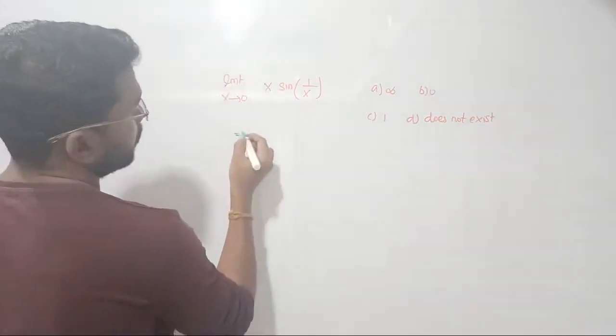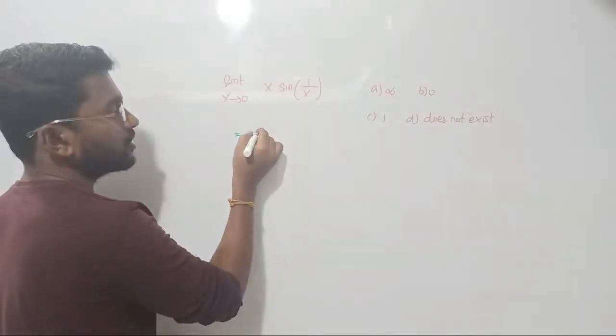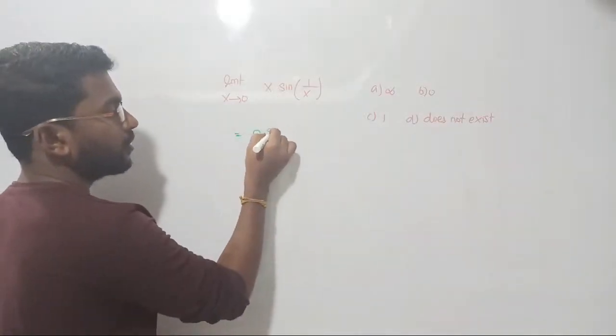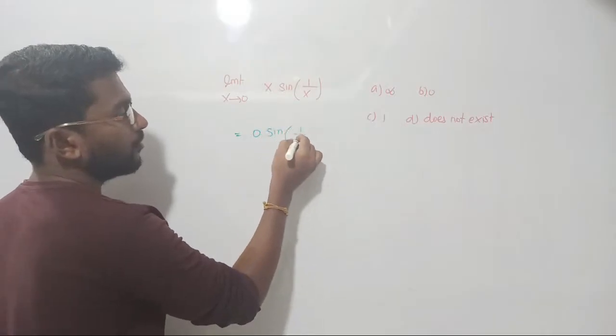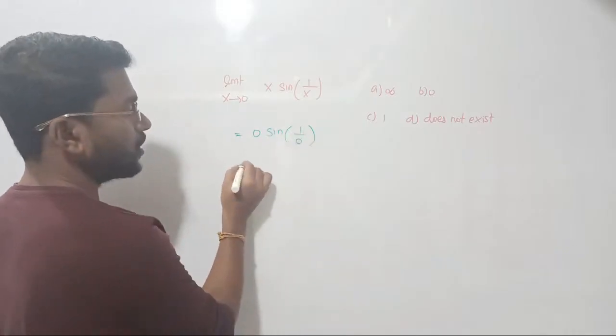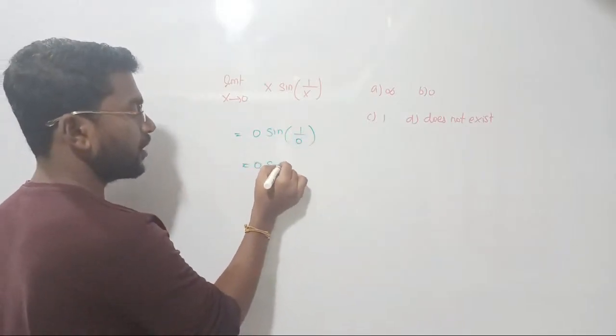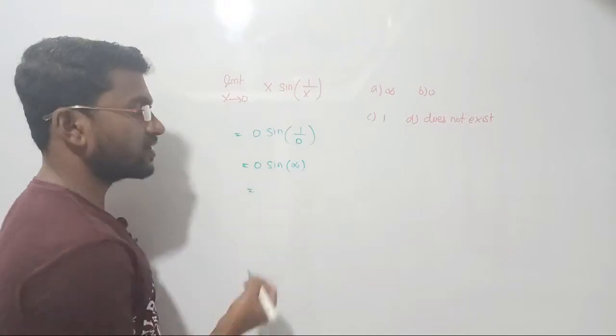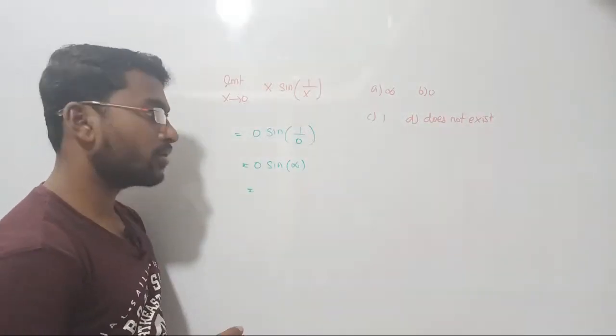Shall we start? Put 0 for x. If I substitute x equal to 0, it will become 0 into sine of 1 by 0, which is sine of infinity. What is the answer? Is it an indeterminate form? No. Why?